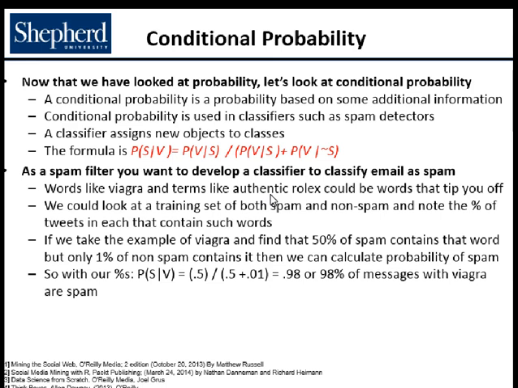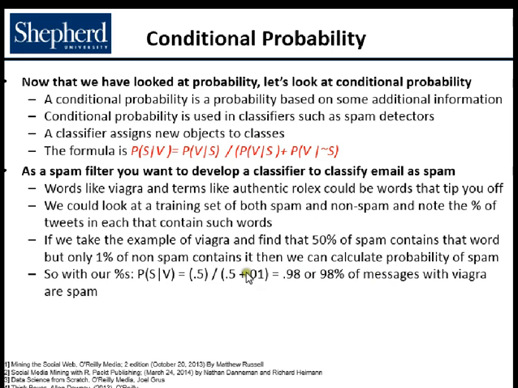And it just so happens that that's equal to the probability that we have the word Viagra, given that it's a spam email, divided by the probability that an email has Viagra in it when it's spam, plus the probability that an email has Viagra in it when it's not spam.